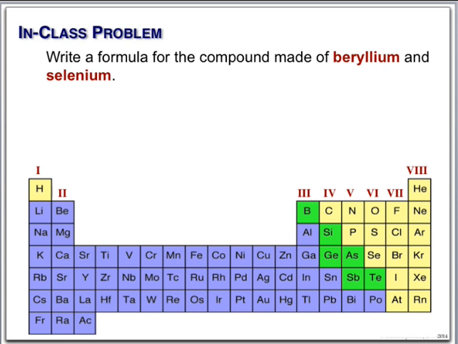It's in group 6, just like oxygen was. And just like oxygen and sulfur, it's going to want to pick up 2 electrons and form a -2 anion. So we have a +2 and a -2.